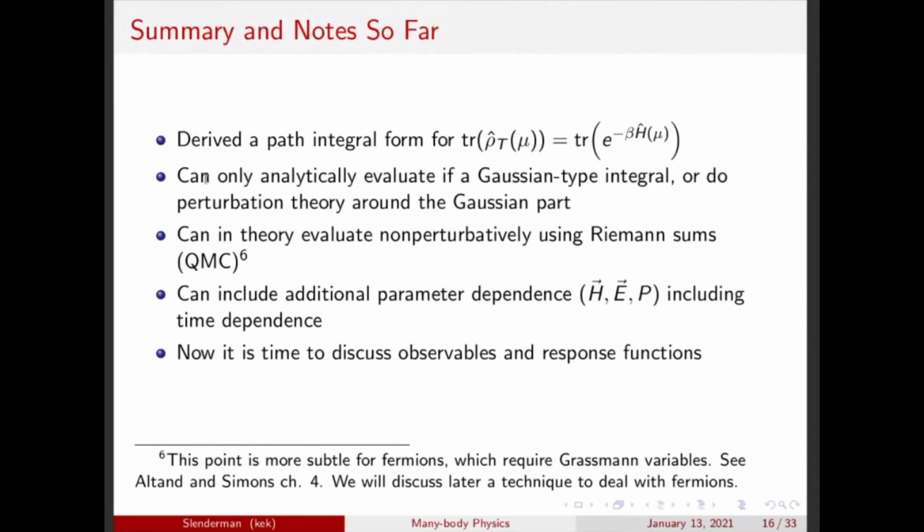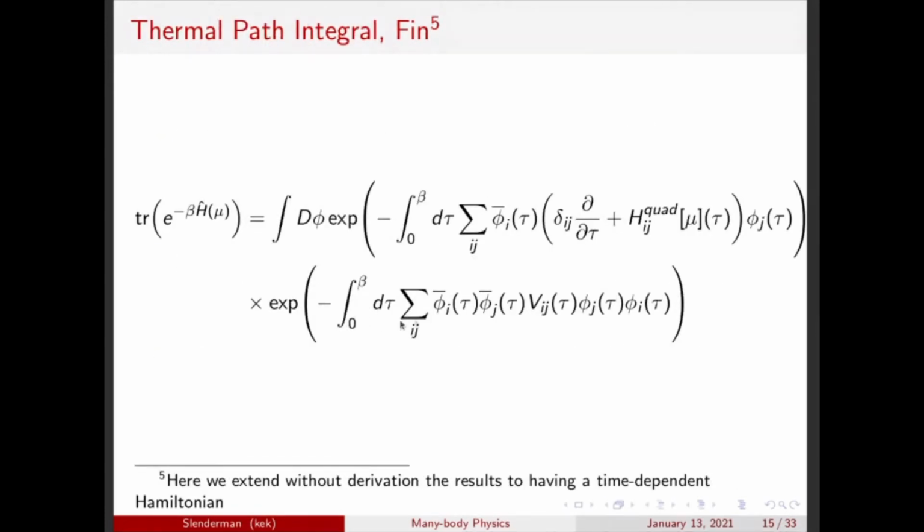I'll note that we can only actually evaluate these analytically if we have Gaussian integrals, right? So if this quadratic term in phi were not here, or this quartic term in phi were not here, we could certainly evaluate this first line if the second line weren't here.